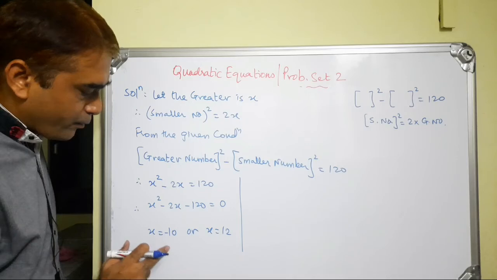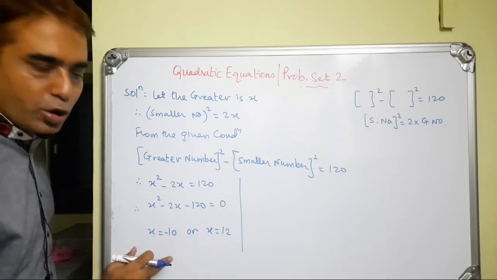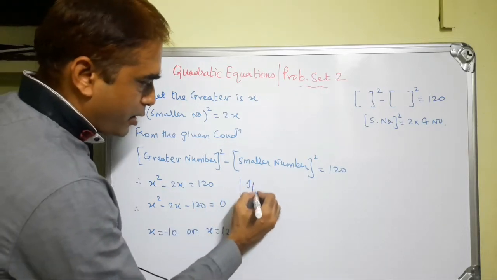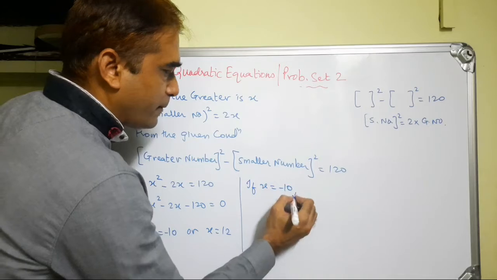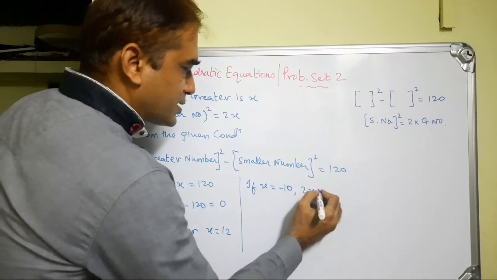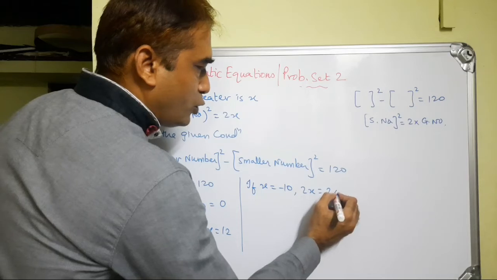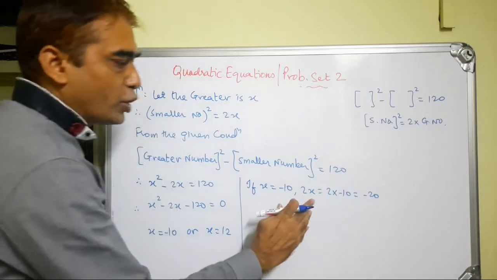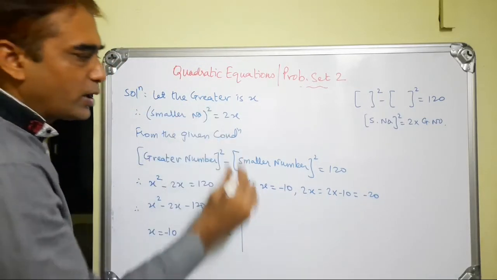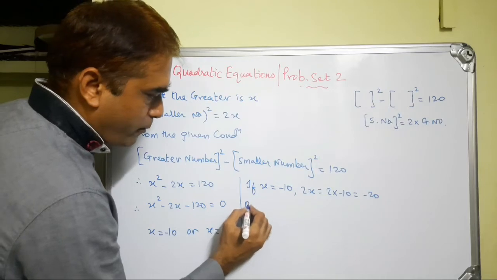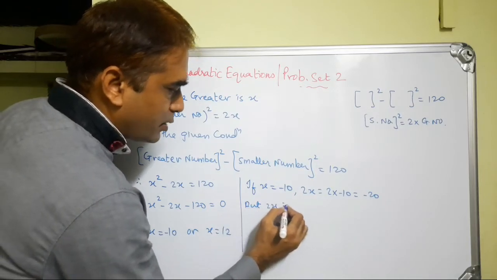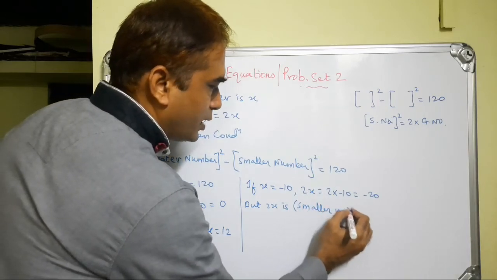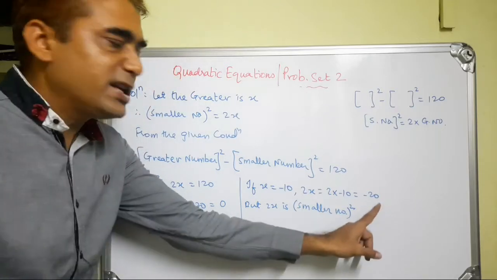Now let's see whether both these values are acceptable or not. Now if x equals negative 10, then 2x will be 2 into negative 10, that is minus 20. Now what is 2x? 2x is the square of the smaller number, and can the square be negative?